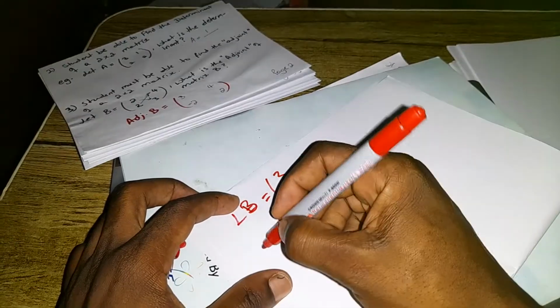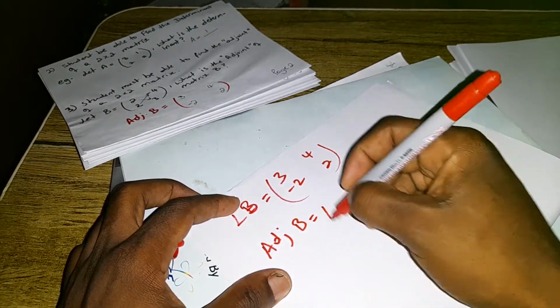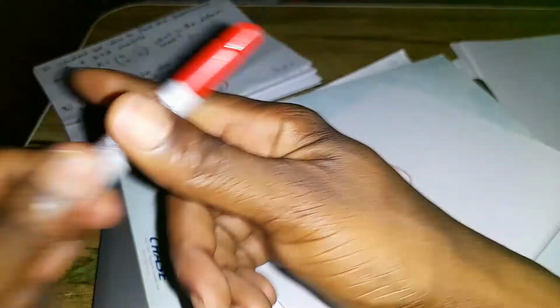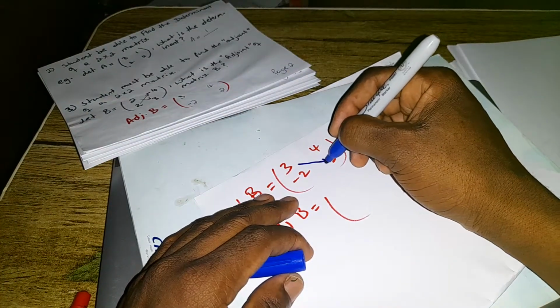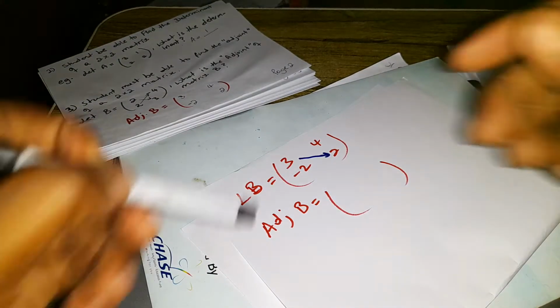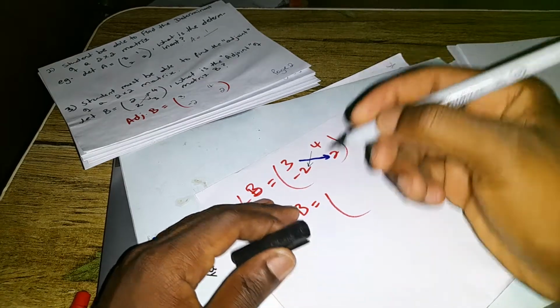In order to find the adjoint of B, what is very important is that you look at the diagonals and make some adjustment to them.